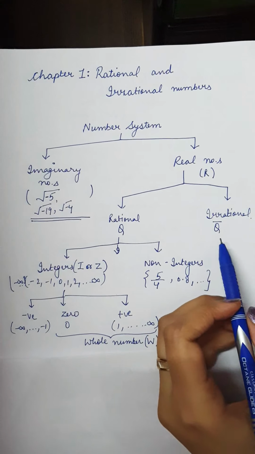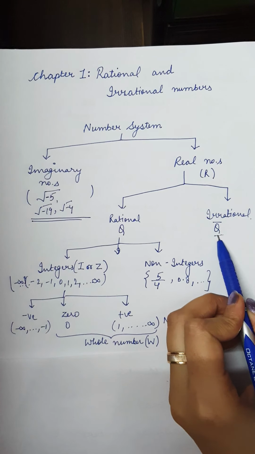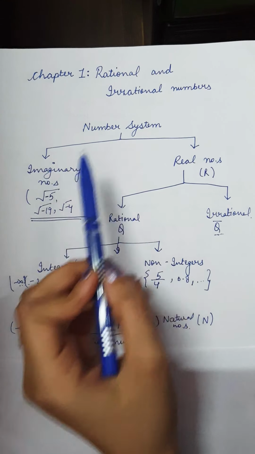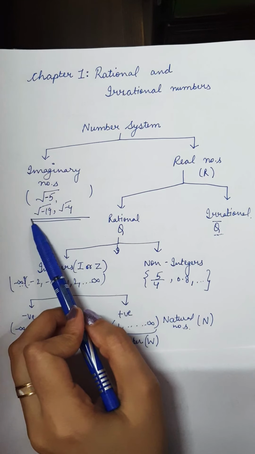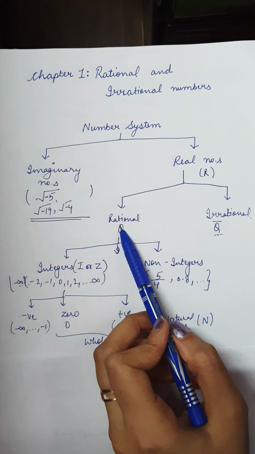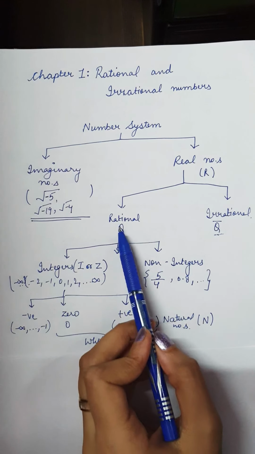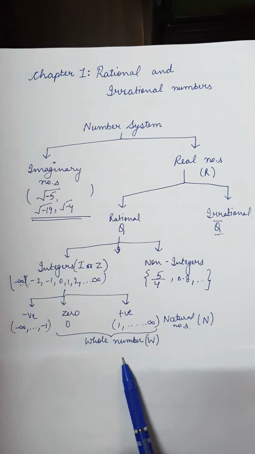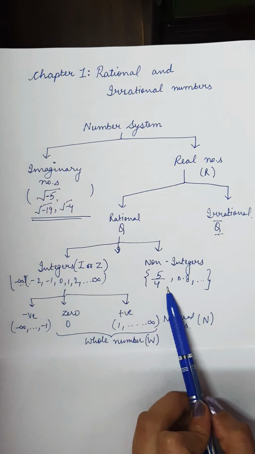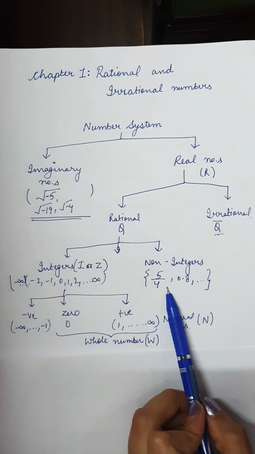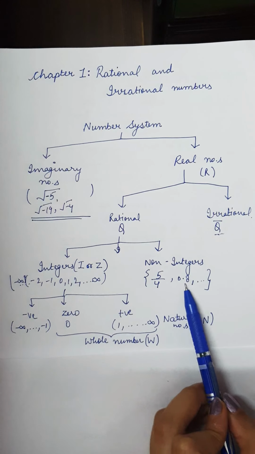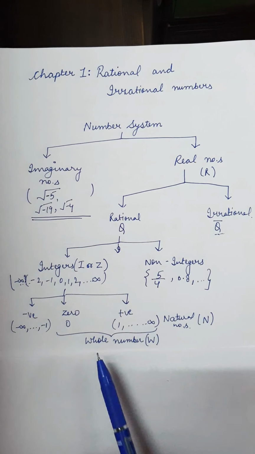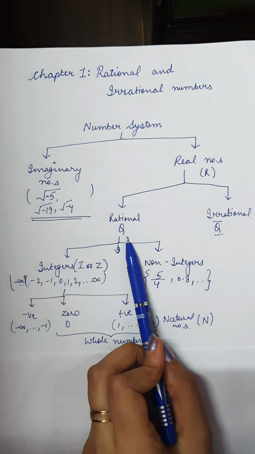So irrational number we will study in detail after a while. First of all, again let us revise number system. Imaginary we are not going to study now. Real number, rational and irrational. Rational number includes all these numbers: integers, non-integers. That means any type of number, whether it is going to be a fraction, decimal, negative, positive, 0, all are going to be a rational number.